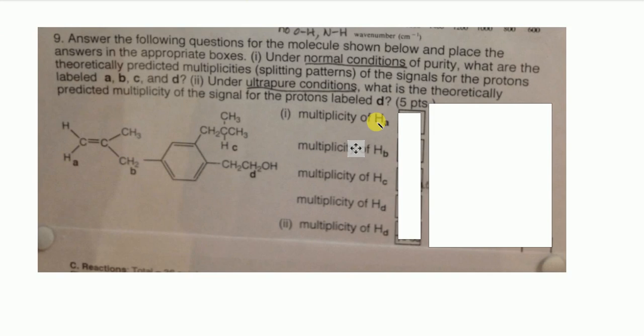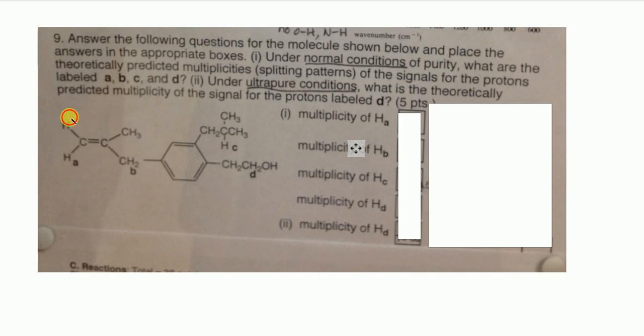Multiplicity of HA. So HA is right here. HA is this hydrogen bonded to this carbon, and I have to look at if I have any distinct environments next to it, and I'll multiply them together. So this carbon, and then it's bonded to this carbon. This carbon has 0 hydrogens on it, so I'm not looking at anything over here.